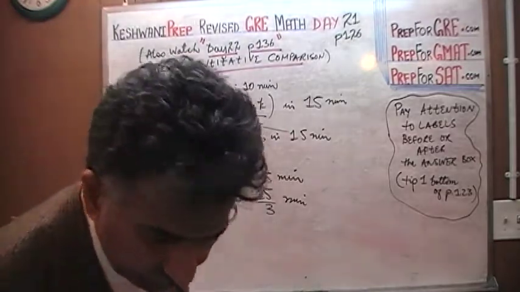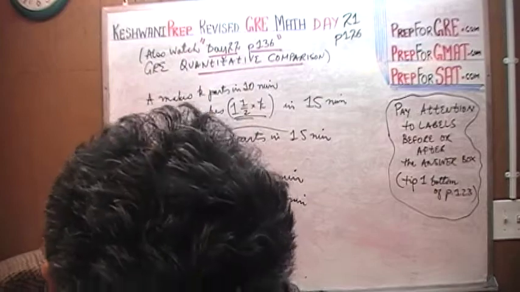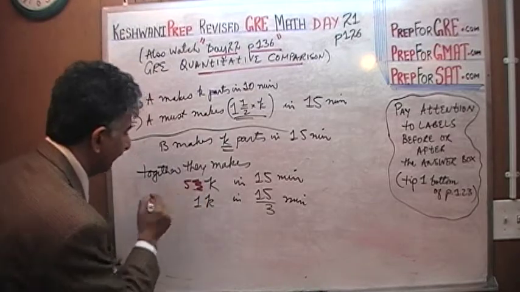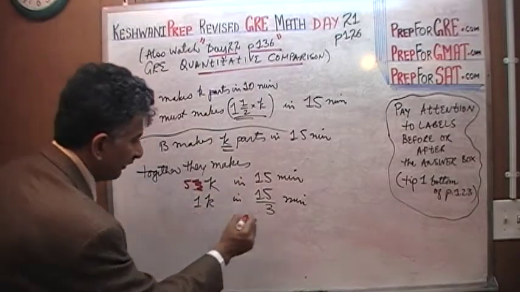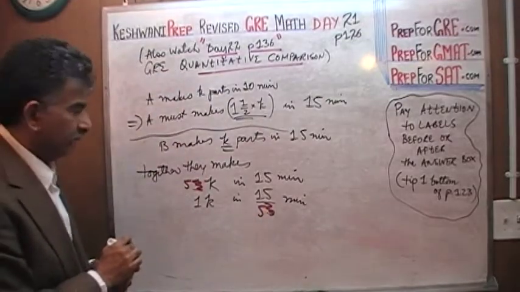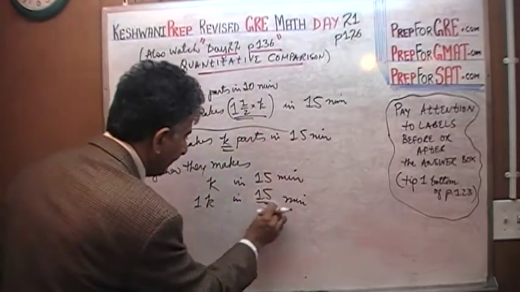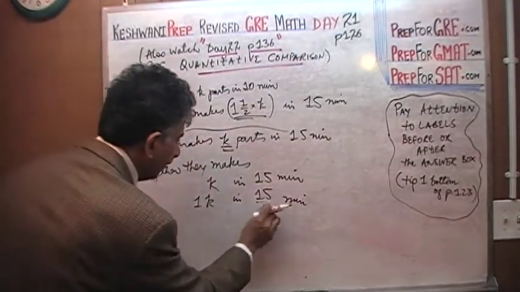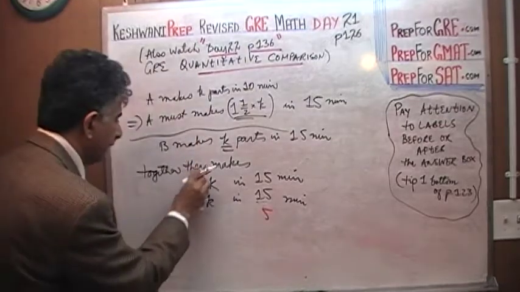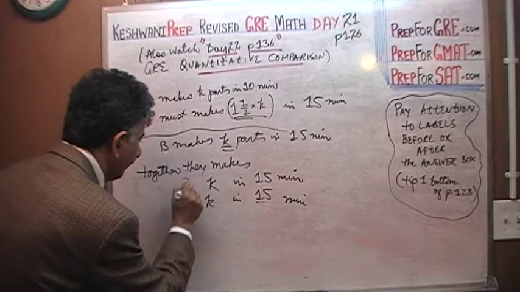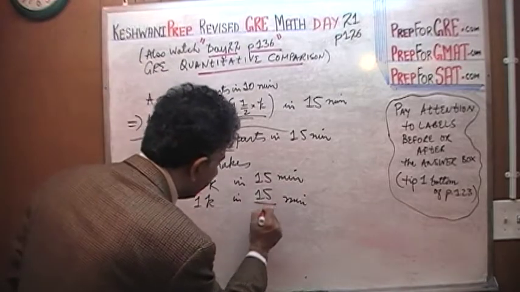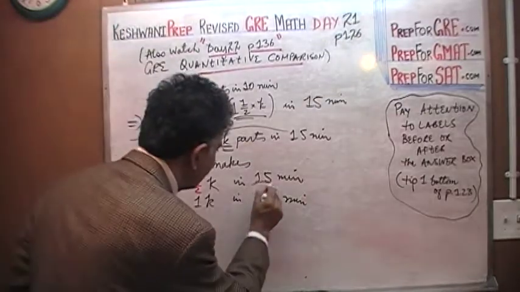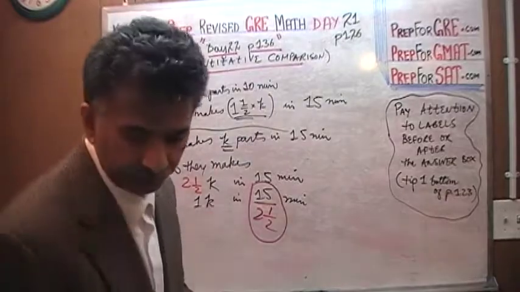Instead of 3, if we had 5k in 15 minutes, then 1k must be 15 over 5. We do not have 3, we do not have 5, we have 2.5. So that's what it is, 15 divided by 2.5. That's how many minutes it will take to make 1k. All we have to do is figure out this quantity, 15 divided by 2.5.